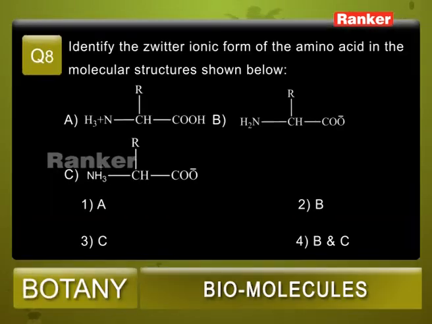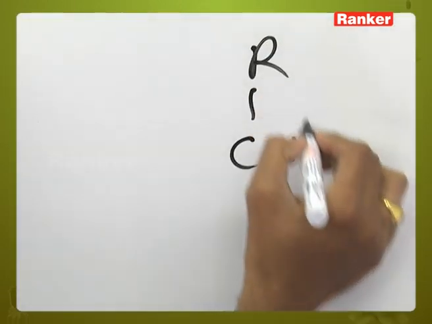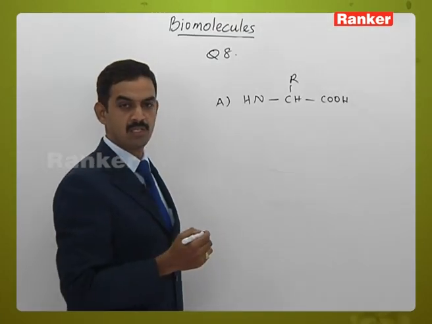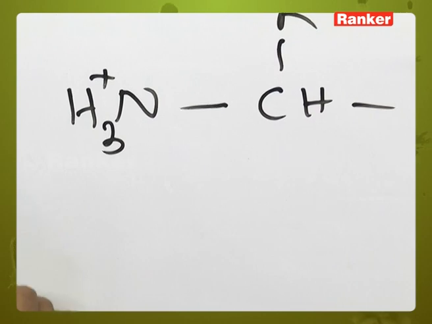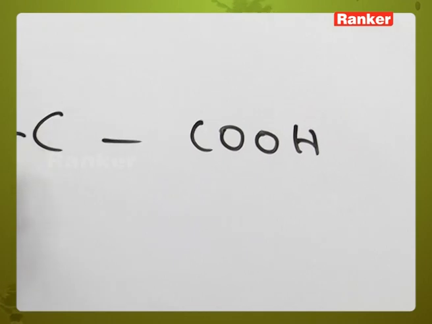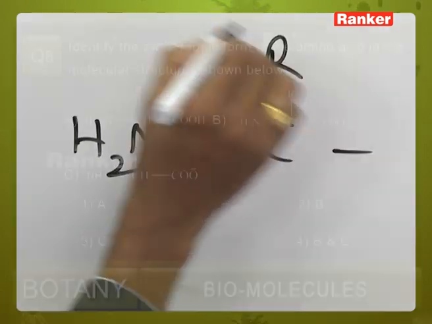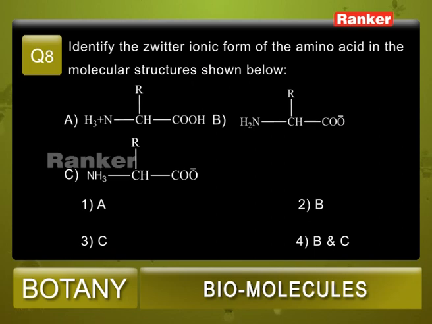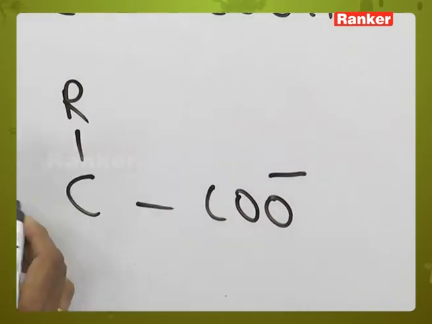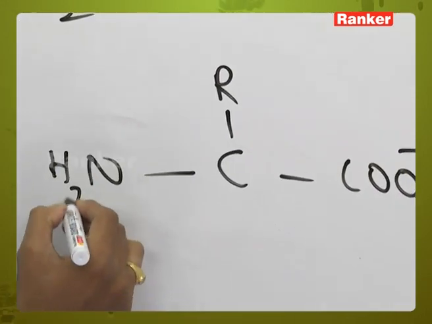Question number 8, identify the Zwitter ionic form of the amino acid in the molecular structures shown below. A is given as CH, R, COOH, and NH2, NH3 plus, and B is C, COOH, NH2, and R. This is the second option, and C is C, COO minus, and NH2 plus.